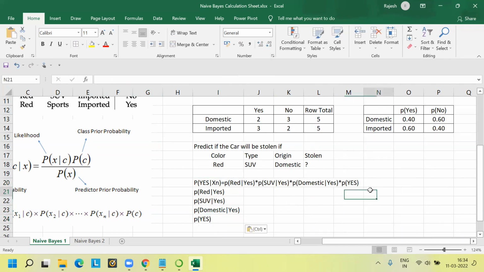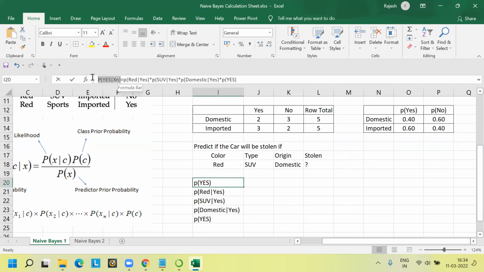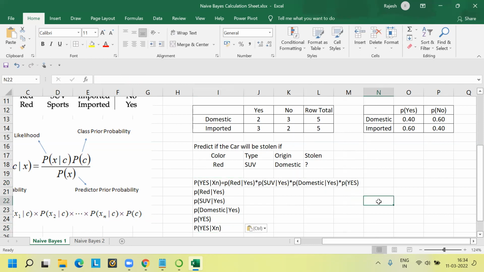And finally, we have to calculate the probability of the car being stolen if it is red color, if it is SUV, and if it is domestic.